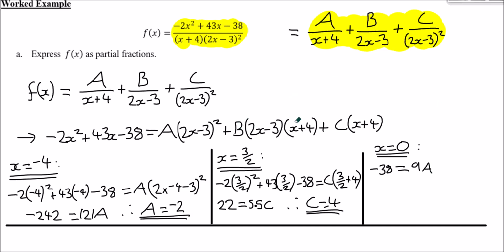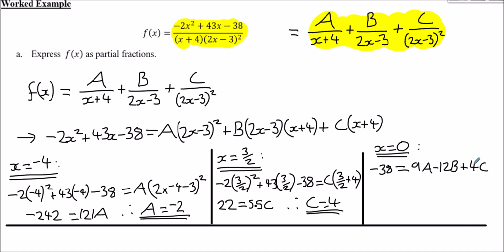When x is 0, we get b times minus 3 times positive 4. So that's going to be minus 12 lots of B. So we can fill this one in. So that's minus 12 lots of B. And when x is 0, C times 4 is just 4C.